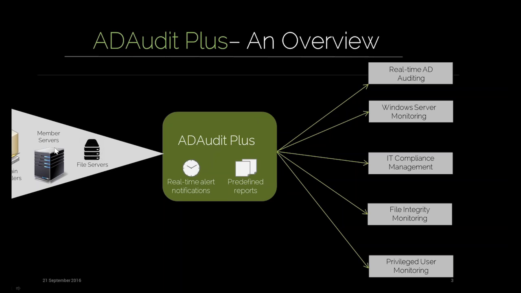So far, no changes. You don't have to make any changes on any of the servers. Now coming to the point, talking about the sources from where the tool is going to collect the data, which is the security log.